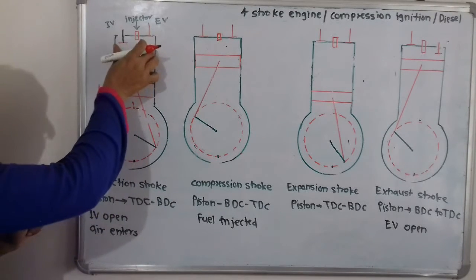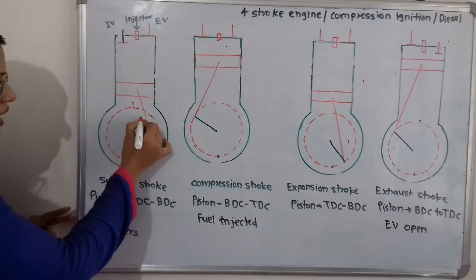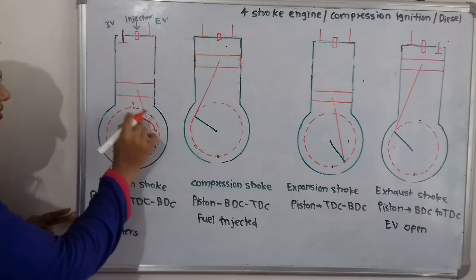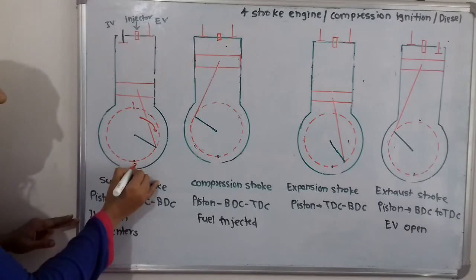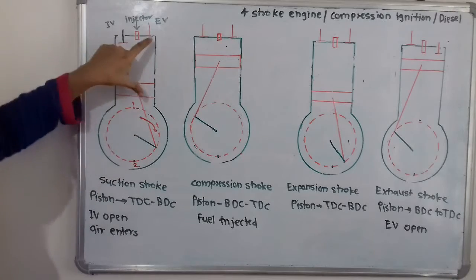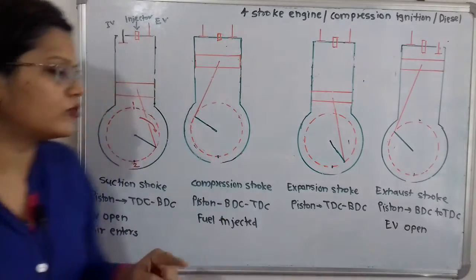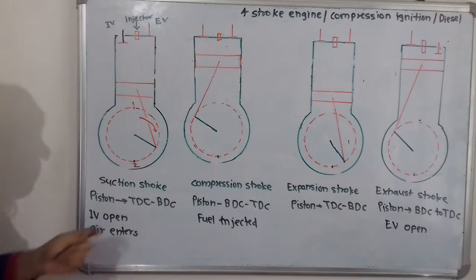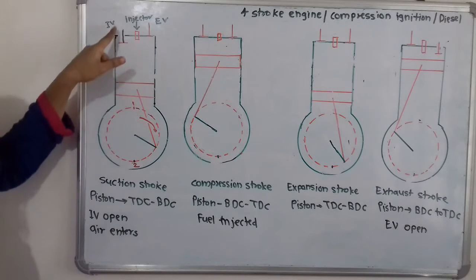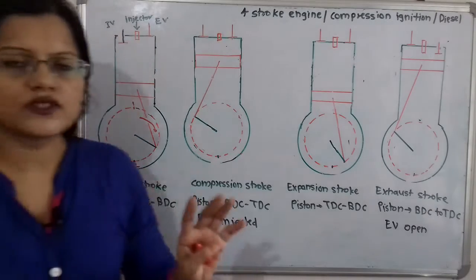As the piston moves from top dead center to bottom dead center, the crank rotates in this direction, and here is the final position of the crank. If we observe, there is 1 stroke of the piston and half a revolution of the crank. In this suction stroke, the inlet valve opens and the exhaust valve remains closed.